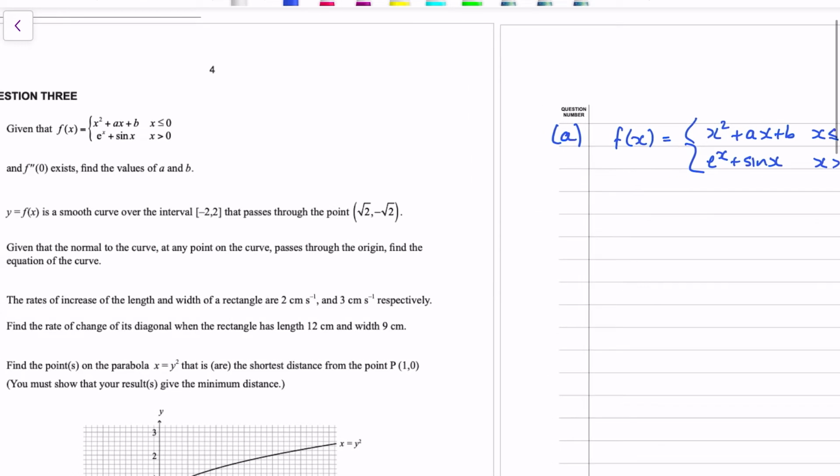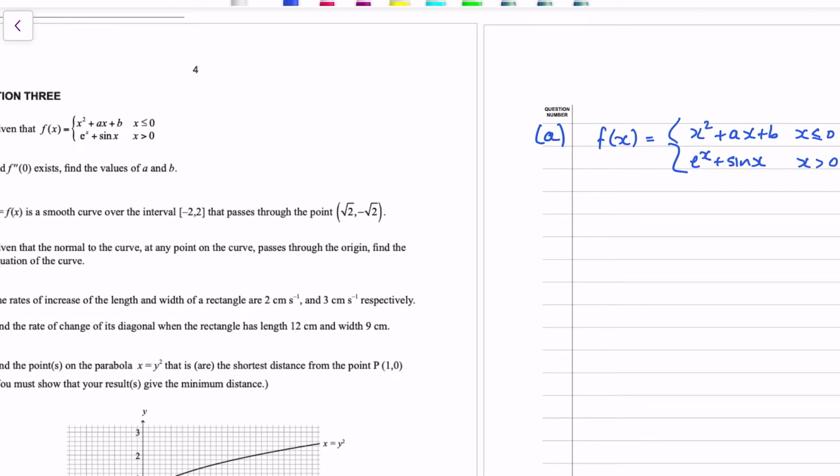We're given f dash dash of 0 exists. That's the concavity. So we've got some value for the concavity at 0. And what that means is that the curve must be continuous so that it's differentiable.